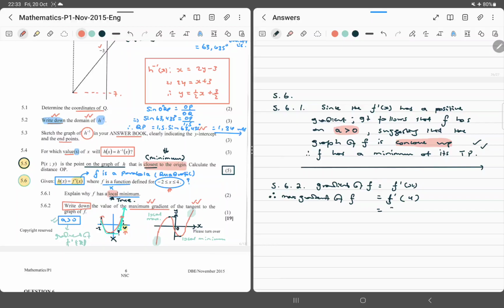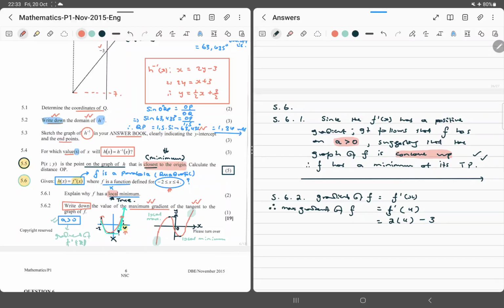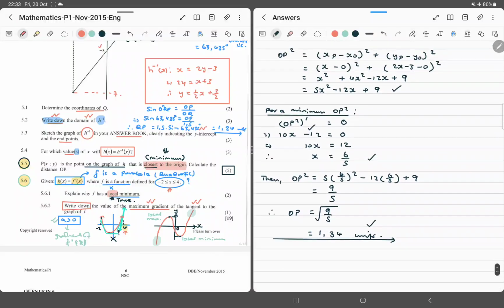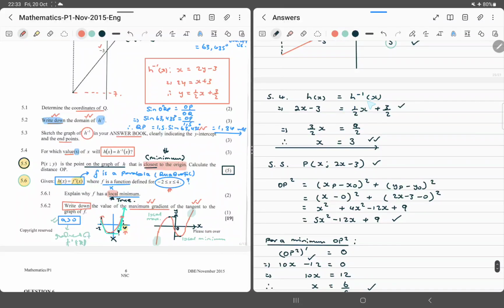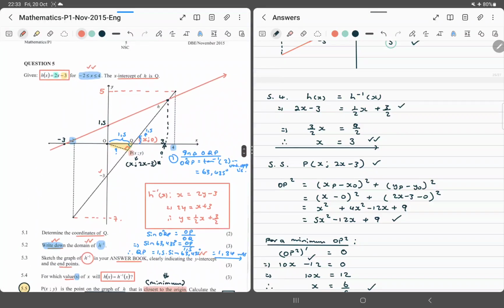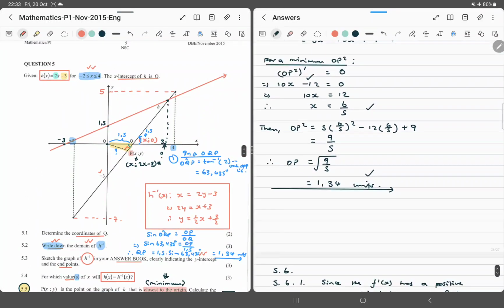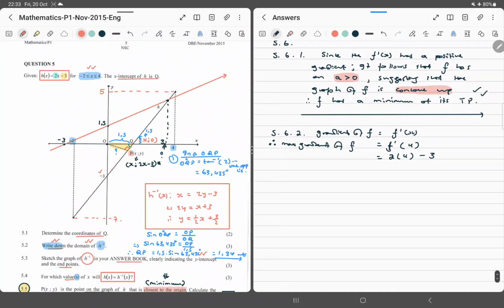So f prime of 4 is basically 2 into 4 minus 3. Remember, f prime of x was essentially this function right here. So we just simply substitute there.